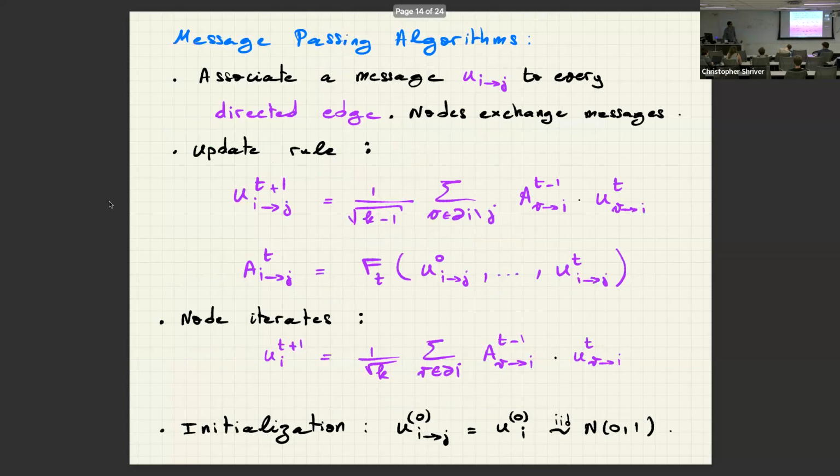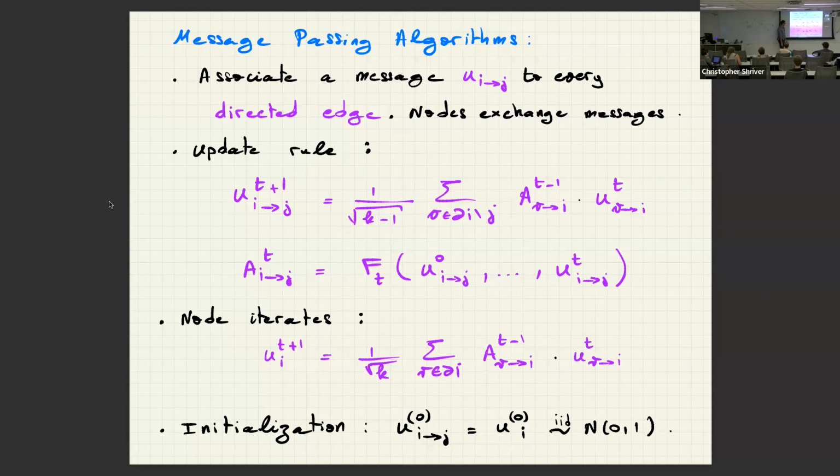Let me go back to the definitions. I will collect the messages that come from its other neighbors than j, put them here, and multiply by some function that is history dependent, that depends on the entire history. So the problem is not Markovian. You have to depend on the entire history to do anything non-trivial. And then you send the message with some normalization.